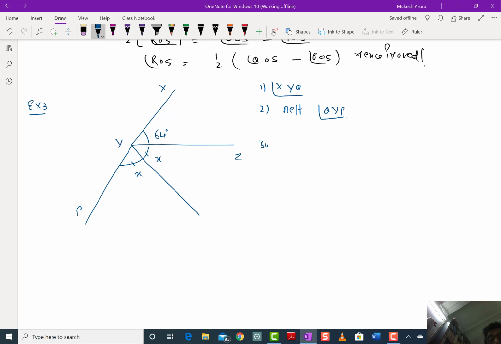Solution: we can write this angle as A and A. XYQ.